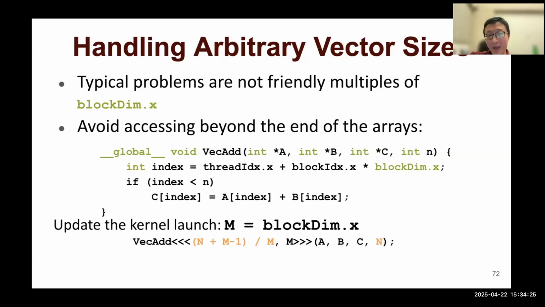So technically, it's always a good idea to set this capital M, the number of threads per block, as a multiple of 32. Then you don't have so many choices, like 32, 64, 128, whatever. You have those numbers there.